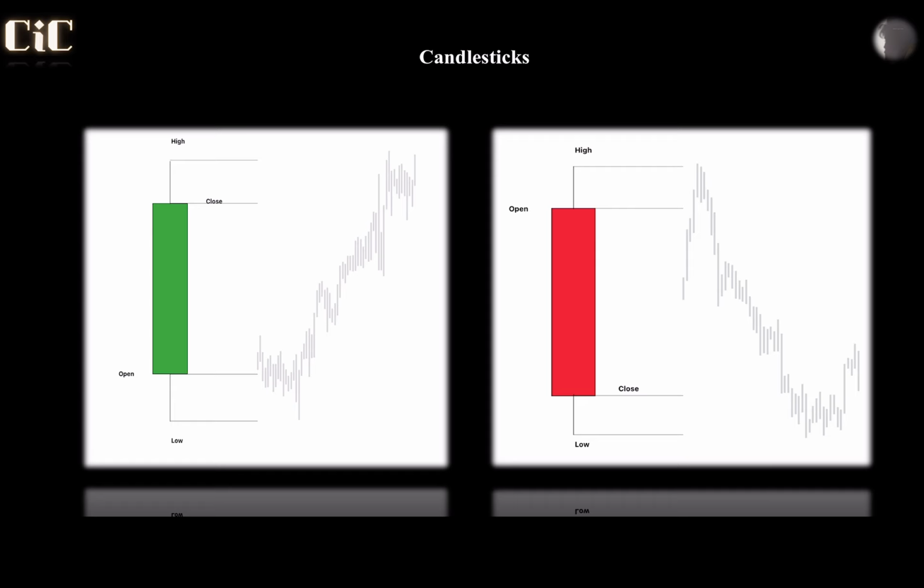To begin with, candlesticks. Candlesticks are nothing more than a visualization of the buy or sell orders in the market at any given chart, at any given moment.